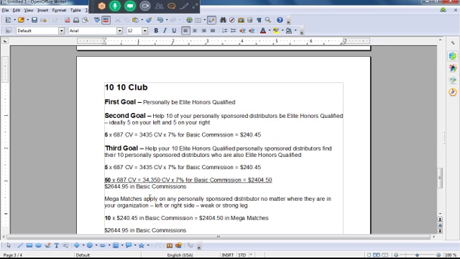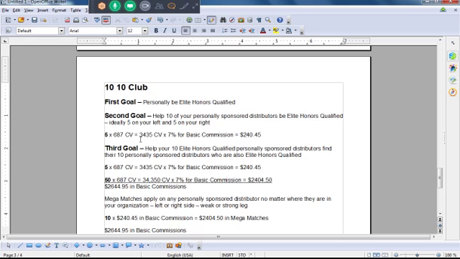I use 7% for basic commission. It's usually a little higher than that, but 7% is an easier number to multiply by. And so that represented for me $240.45 in basic commission.